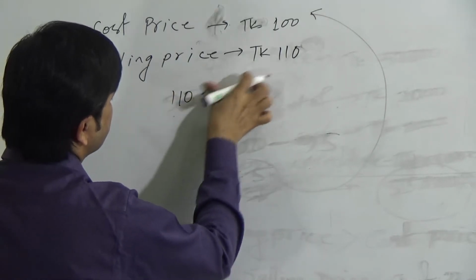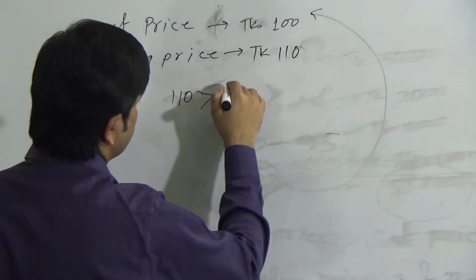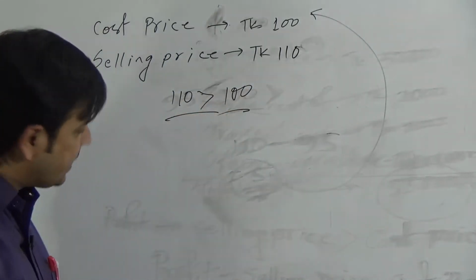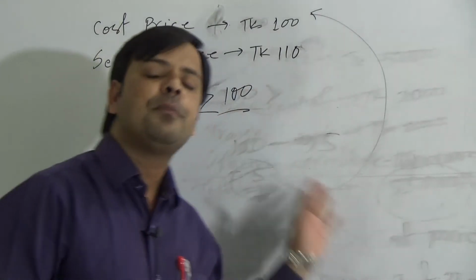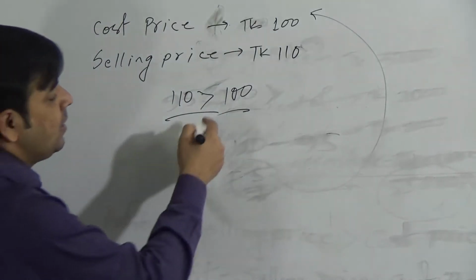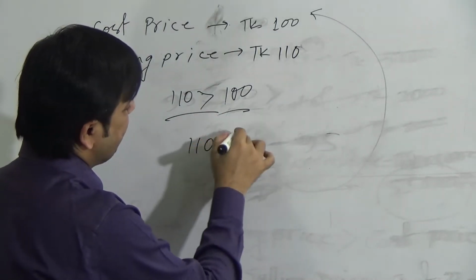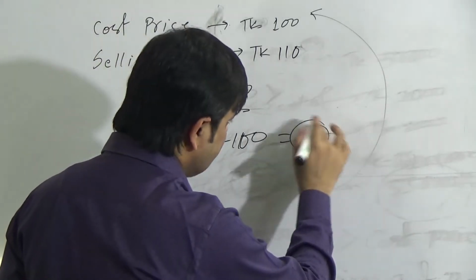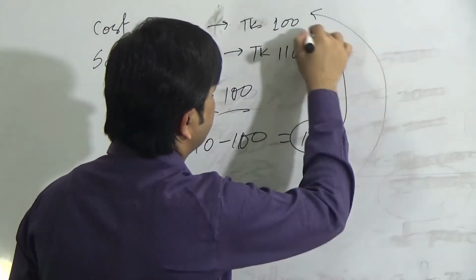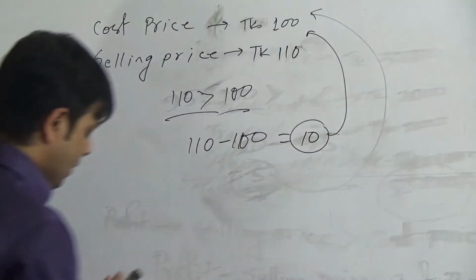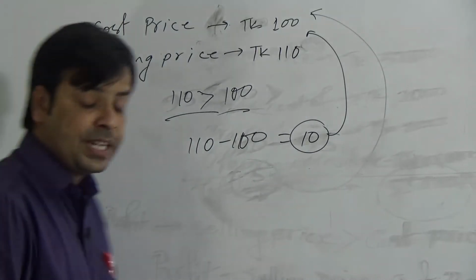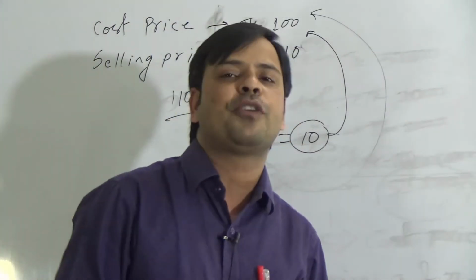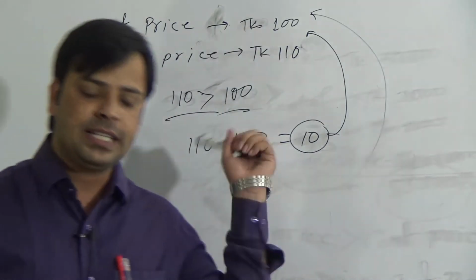It means selling price is greater than cost price. If selling price is greater, then we will get profit. And here the profit is 110 minus 100, it means 10 taka. For which investment are we getting 10 taka? For 100 taka. It means when cost price is 100 taka, then the amount of profit is known as profit in percentage.